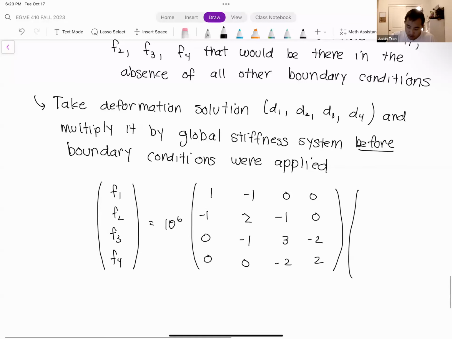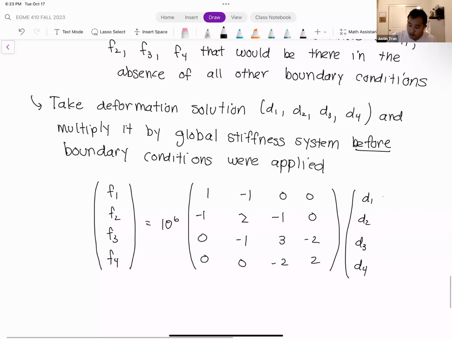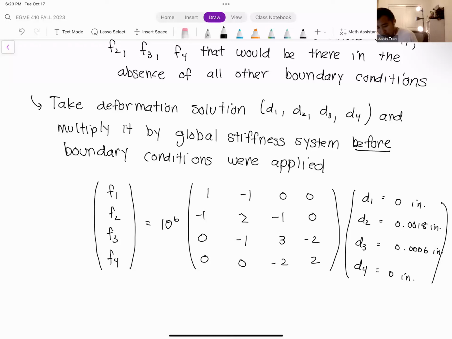And then what you're going to multiply this by is your deformation solution, so your values for D1, D2, D3, and D4. So you're going to multiply by a vector 0, 0.0018, 0.0006, and 0 inches.